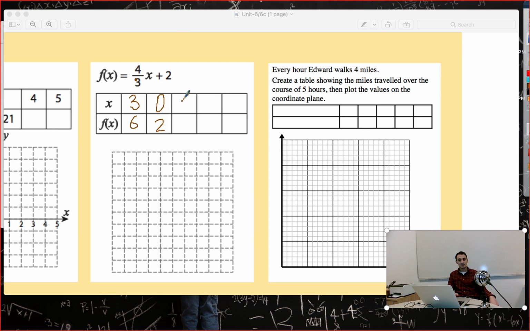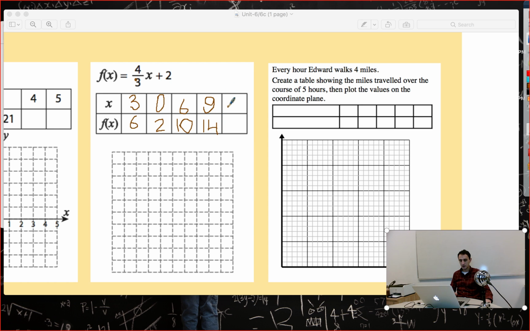And the third one. Let's check 6. 6 divided by 3 is 2. 2 multiplied by 4 is 8. 8 plus 2 is 10. Okay? So the next one is 9, because 9 is also divisible by 3. 9 divided by 3 is 3. 3 multiplied by 4 is 12. 12 plus 2 is 14.